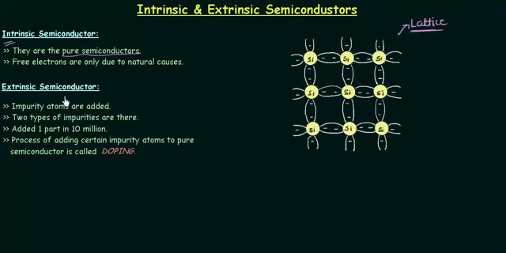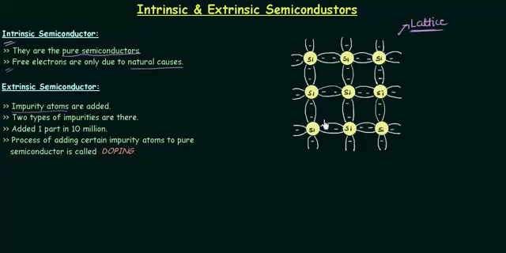In an extrinsic semiconductor, we have impurity atoms. We don't have only silicon, but we also have some other atoms like aluminium, boron, that we will see later. And the free electrons are only due to the natural causes. This is a very important point. In the case of an intrinsic semiconductor, the free electrons, meaning the electrons which are ready to participate in the conduction, are only due to the natural causes, like light energy, thermal energy.